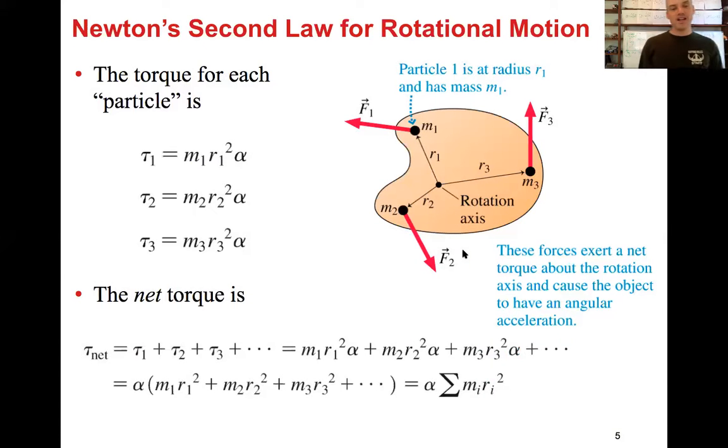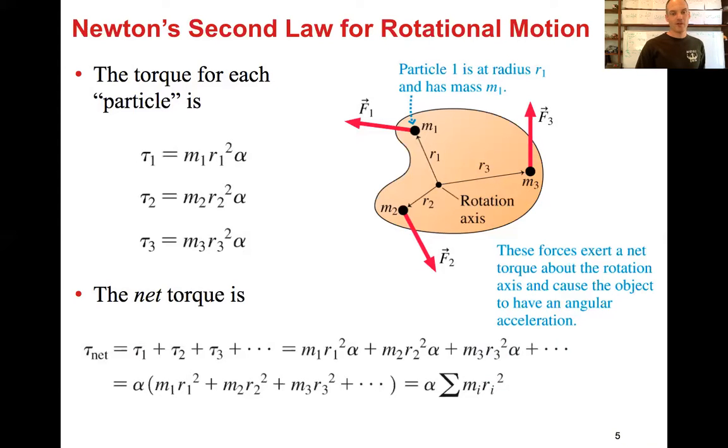We have to apply the concept of torque. So for these objects, in order for them to actually apply the torque, we have to know a couple things about them. We have to know their radius and their mass, okay?